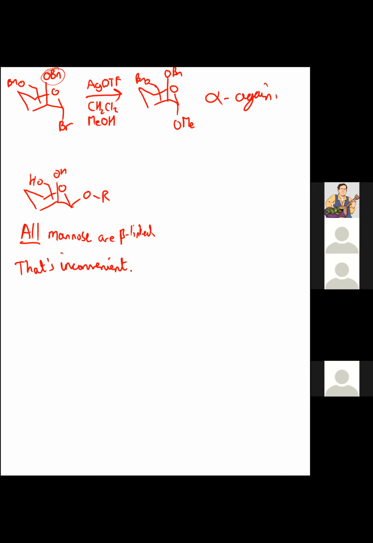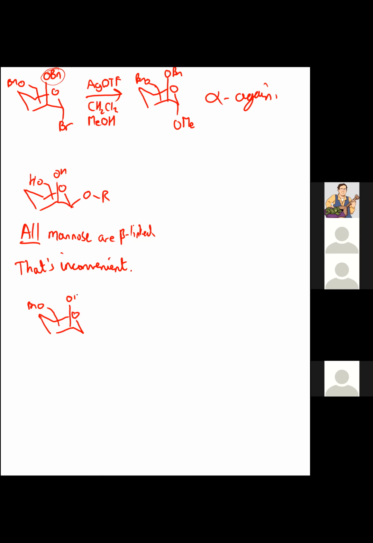So what we've shown is that if we rip off that bromine completely, go through an oxocarbenium, we get alpha. And the other problem is, we had the other system.